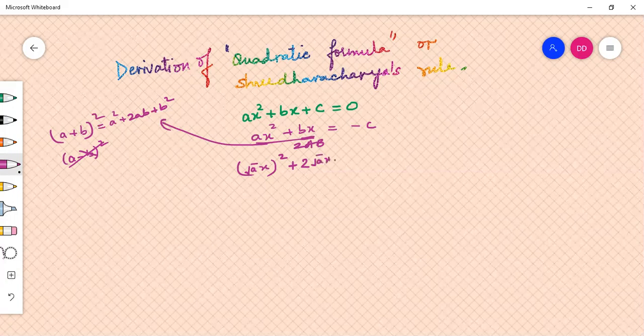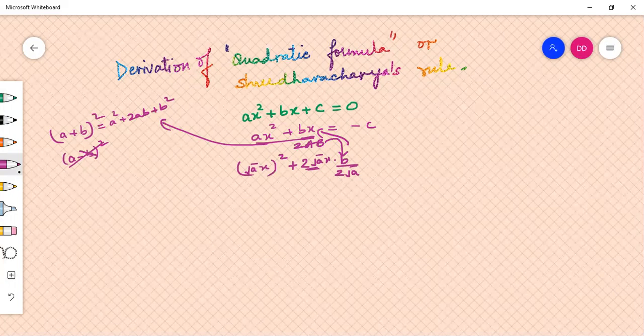Then what should be my b over here so that it gives me bx? So I must multiply by b to get bx. x is already here. What I don't have in this term is 2√a, so I'll divide by 2√a. So 2 cancels out, √a cancels out, it is bx.